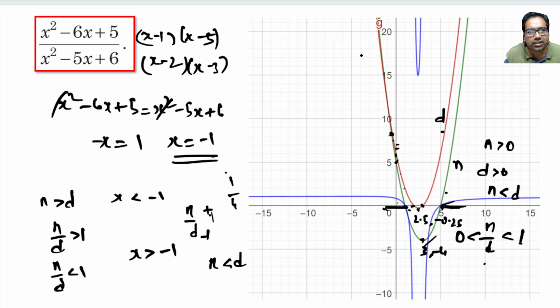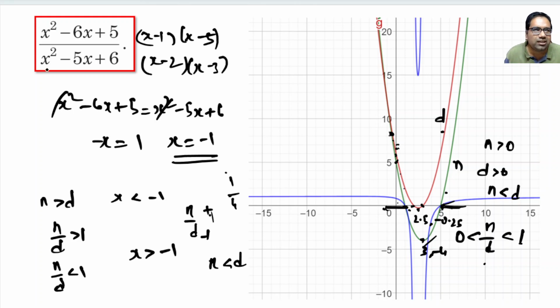Right. So we can draw this curve very easily. At the same time, we can find out when they cross each other. That is just equating both the numerator and denominator. At this point, they will cross each other. Beyond this point, to the left of this, the numerator will be greater than the denominator.